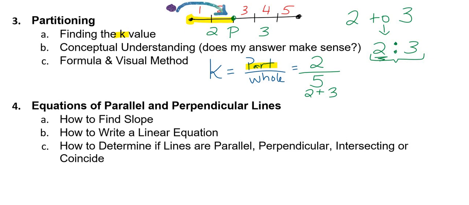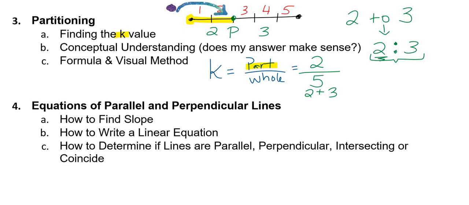And now lastly, part C, there's different ways to solve for your partitioning points. And your teacher may have taught you a couple of different ways or maybe stuck to just one. I will show you once we get to the problems how to do it 2 different ways. There is a formula and there's also a visual method. So we'll see which one you like better once we get to the problems.